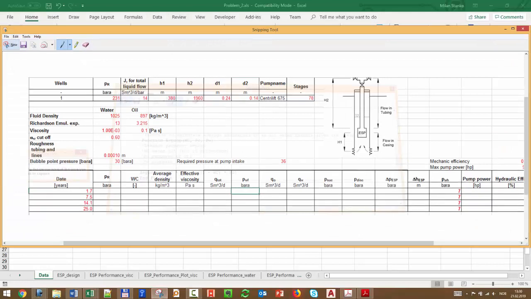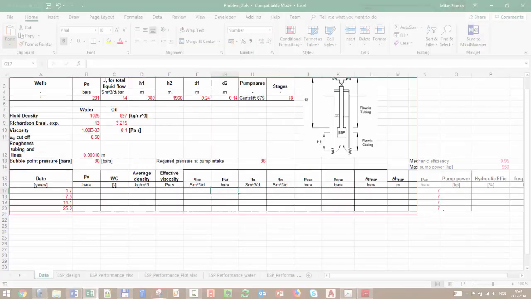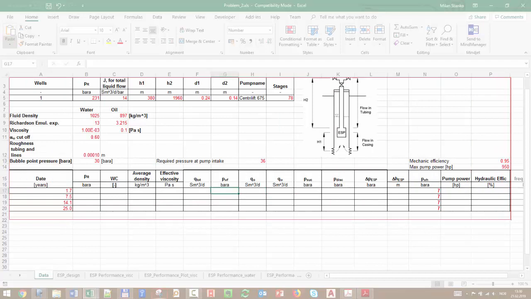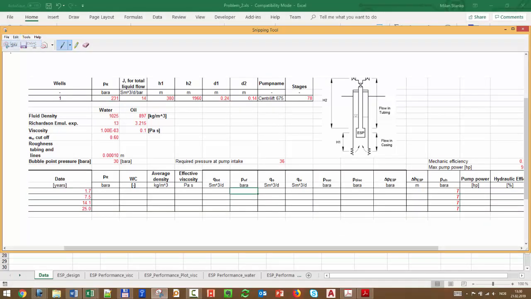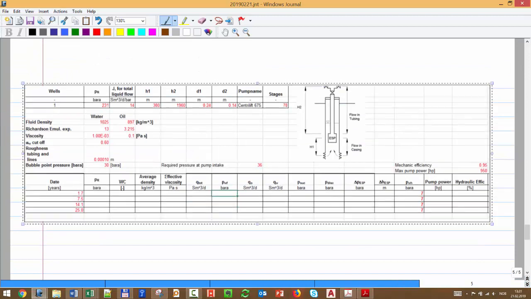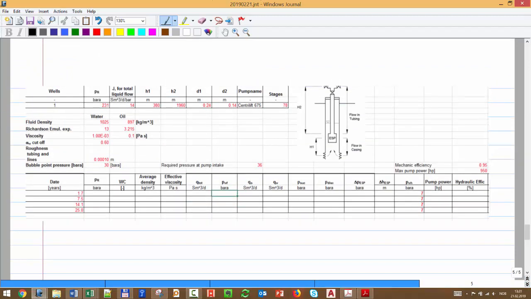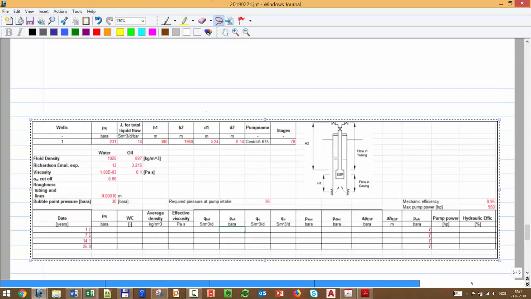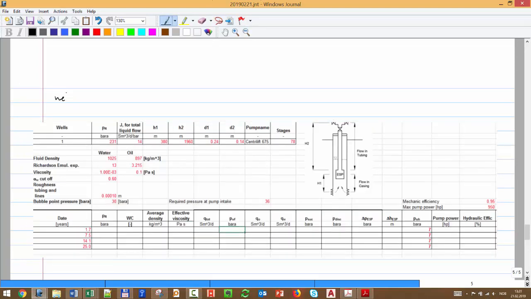Now, what do we have to be careful with the pump? Just to see if the pump will work or not. Okay, so that's what we call method 1, and that is equilibrium, removing the ESP.